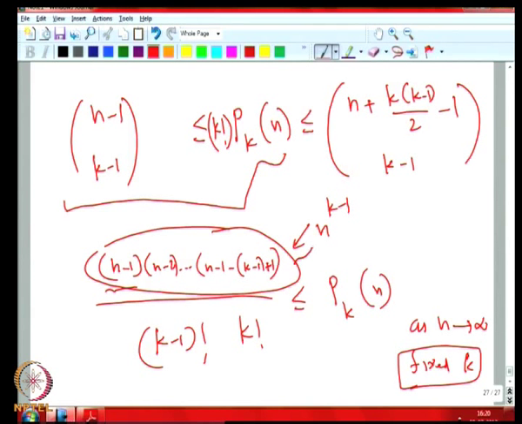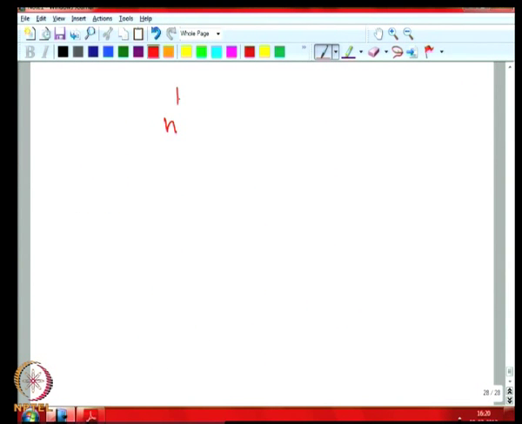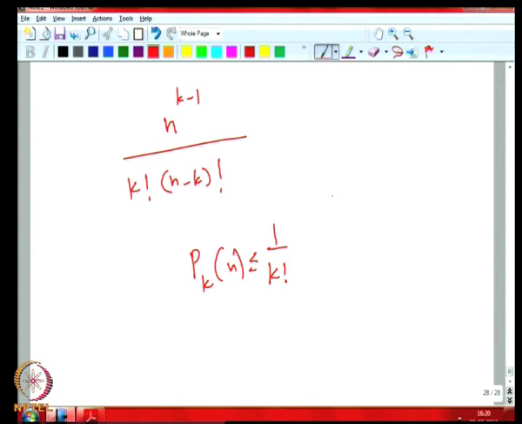So it is approximately n to the power k minus 1 in the numerator, and below it is k minus 1 factorial, k factorial. So this lower bound is approximately n raised to k minus 1 by k factorial into k minus 1 factorial. Similarly, the upper bound: pk of n is less than or equal to 1 by k factorial into n plus k into k minus 1 by 2 minus 1, choose k minus 1, right.